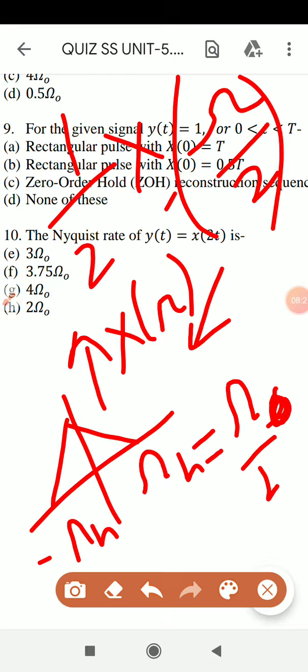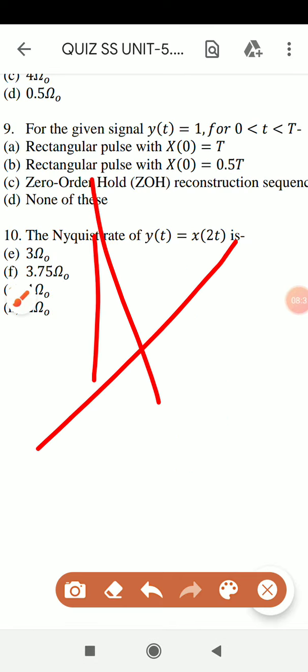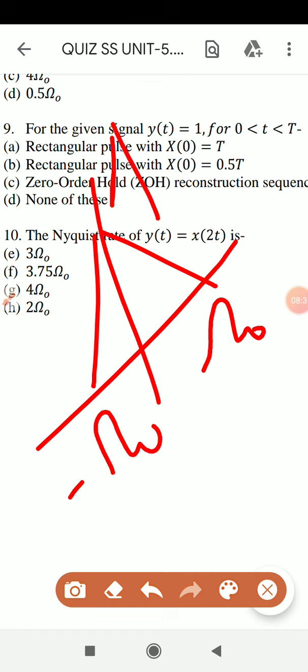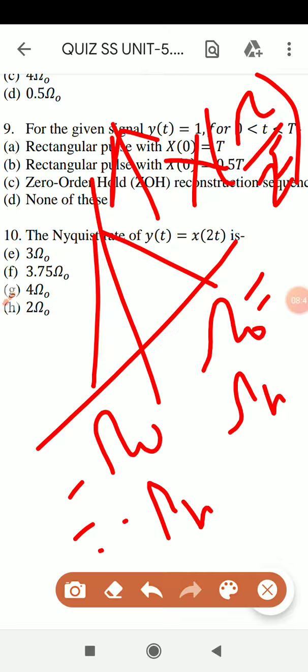So can we find X(omega naught by 2)? Maximum frequency will be this, and this is the spectrum of X(omega by 2), with omega h and minus omega h. And what is the Nyquist rate? Nyquist rate is double the maximum frequency, so Nyquist rate will be twice of omega naught. Okay, thank you.